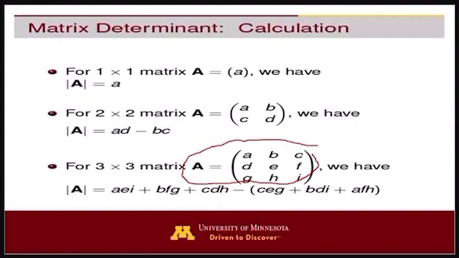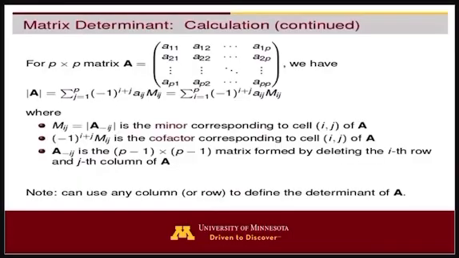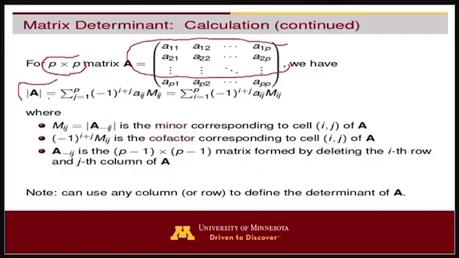If the determinant does not exist, there's no way we're going to get the parameters in linear regression estimated. We'll not be able to get the inverse, and the moment we can't, there's no moving forward. This is a generalization: if I have a P by P matrix, I can find the determinant for that.